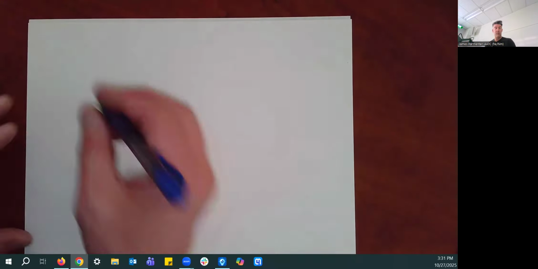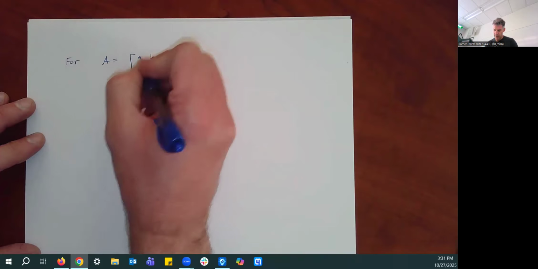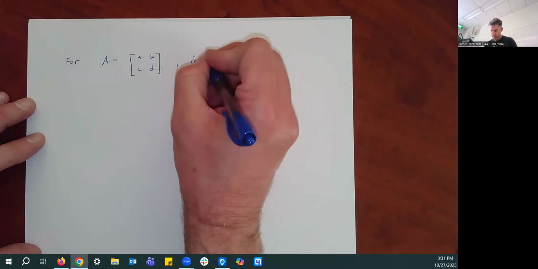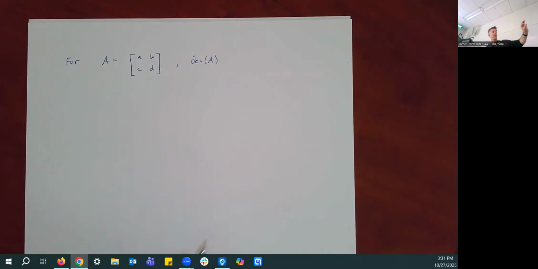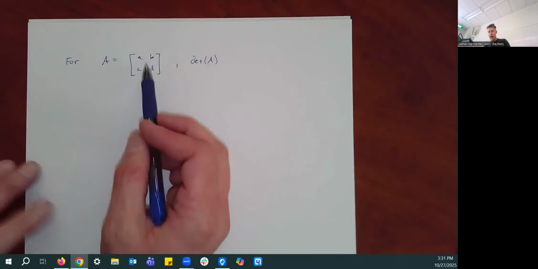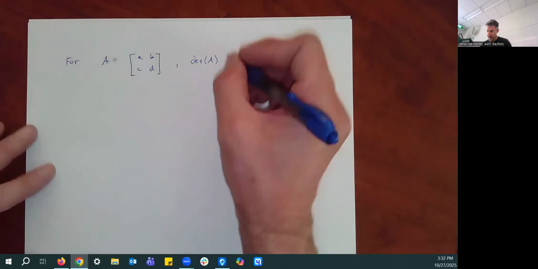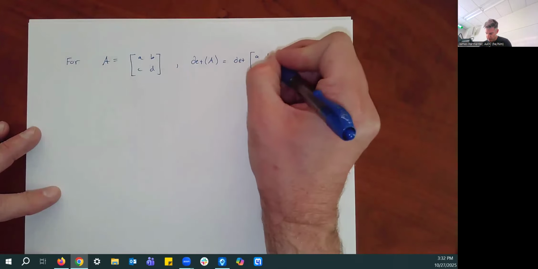So for a 2 by 2 matrix, say a, b, c, d, the determinant of it, and just so you know, for matrix notation, we use brackets for the matrix. If you're writing the determinant of that matrix, you can either write it as det of the matrix a, b, c, d.